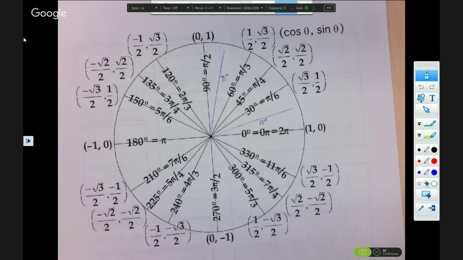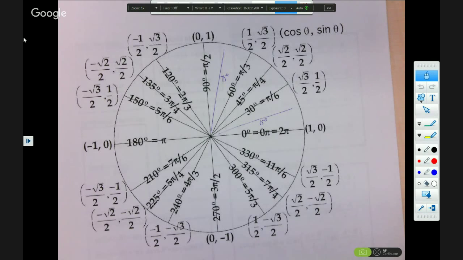Any questions on the unit circle? Let's see if there's anything else. What is the cosine of negative 180? Negative 180 is backwards 180 degrees. Cosine is negative 1.